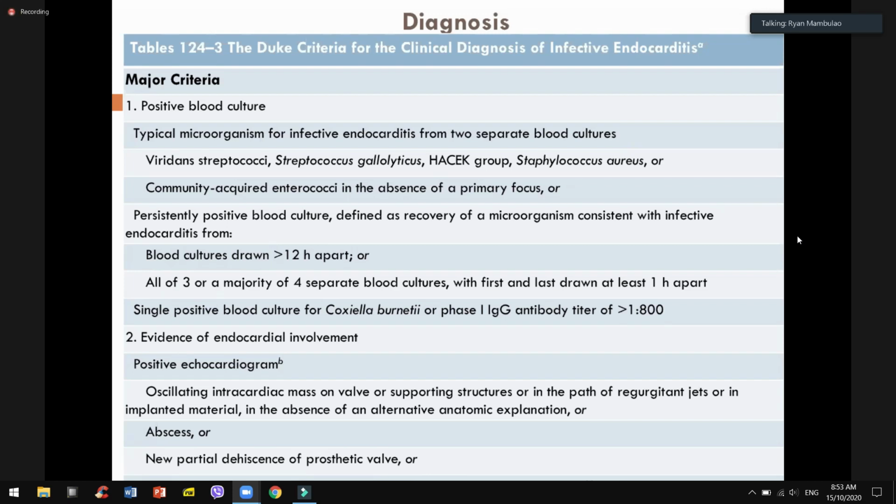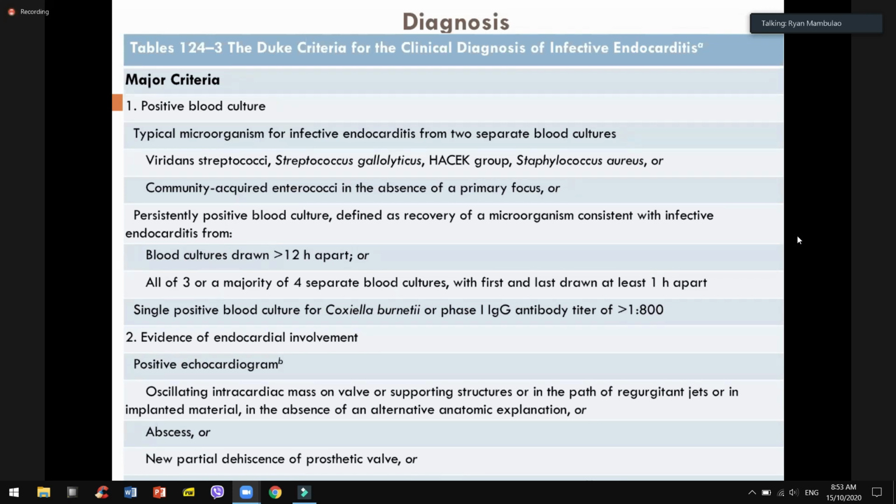So for a positive blood culture, these are the organisms involved. If it's another organism not in this list, it will not count as major even if the blood culture is positive. This includes viridans streptococci, Streptococcus gallolyticus, the HACEK group, Staphylococcus aureus, or Enterococci.